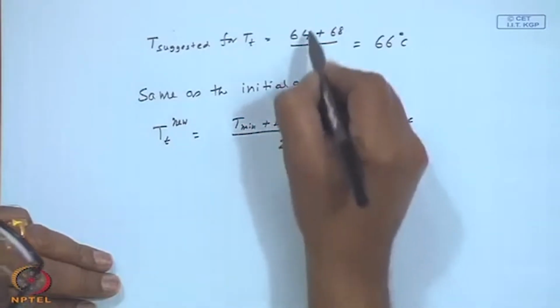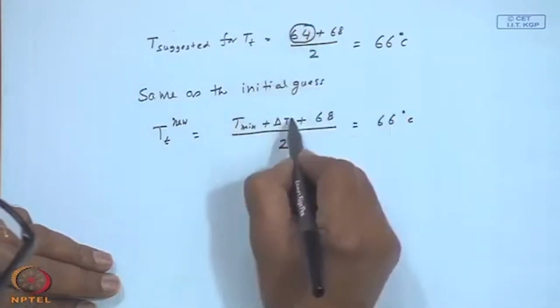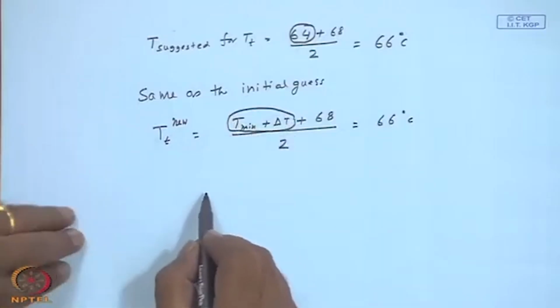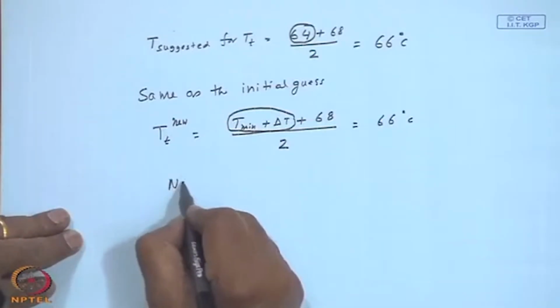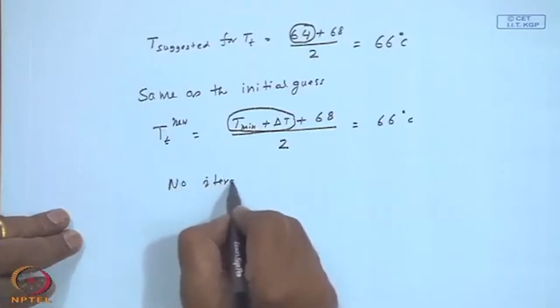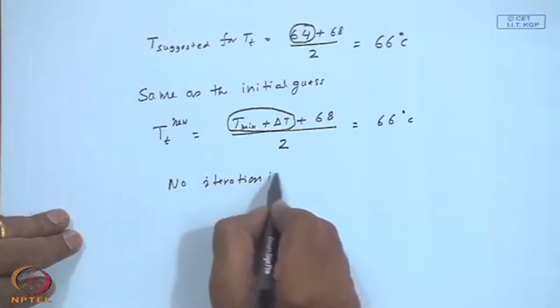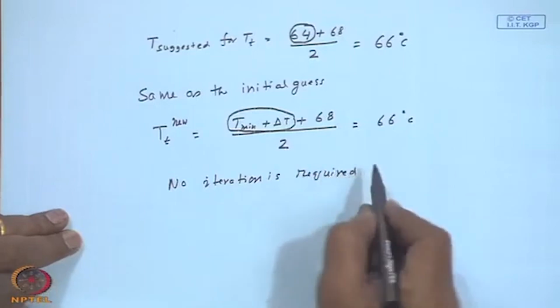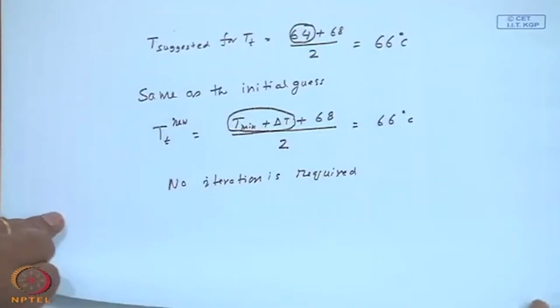So, what I want to say is this 64 comprises T minimum plus delta T. So, no iteration is required. Otherwise, with this number you restart and recalculate.